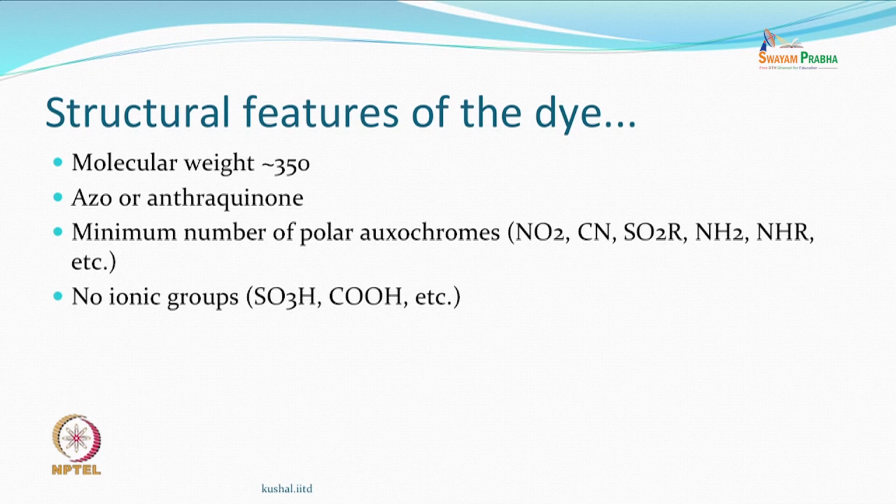So a minimum number of polar auxochromes, some are required because you have to give some shade, right, and no ionic group. Fortunately, disperse dyes do not have ionic groups. You know, if ionic groups are there, these molecules do not sublime.